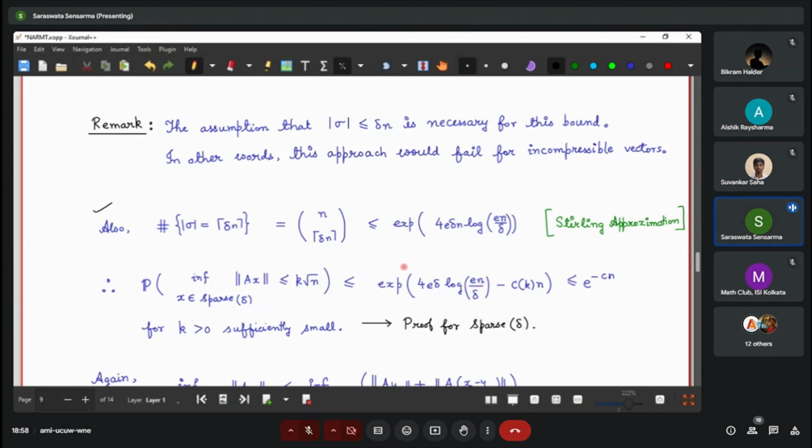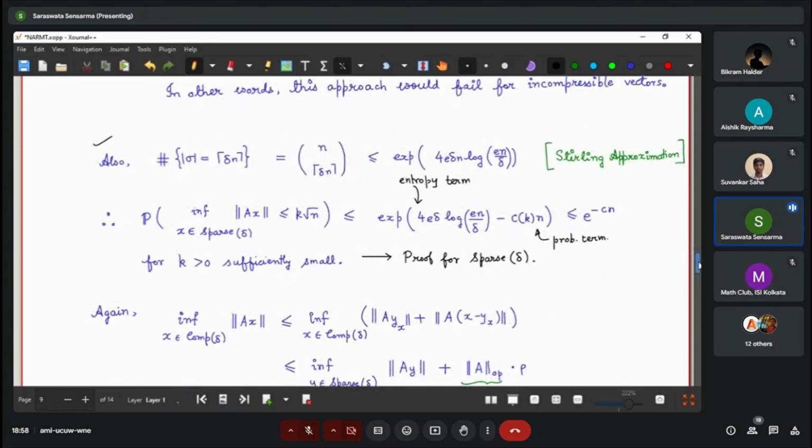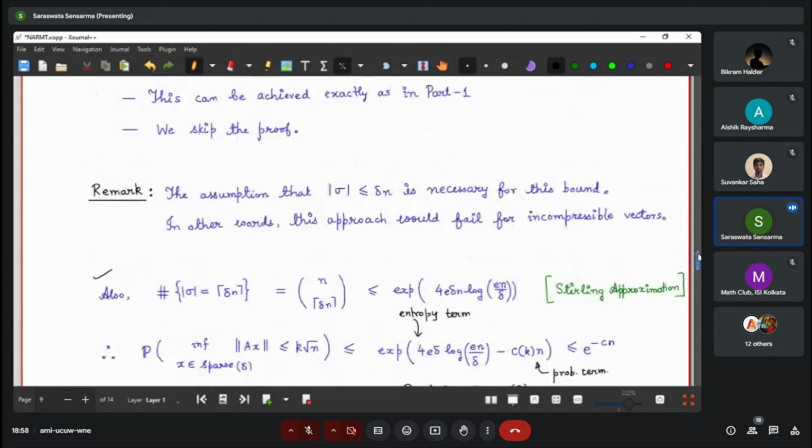This is the entropy term, the term coming in front, and this is the probability term. And again, if you take k to be sufficiently small, you get an exponential bound. So we get an exponential bound for sparse vectors.